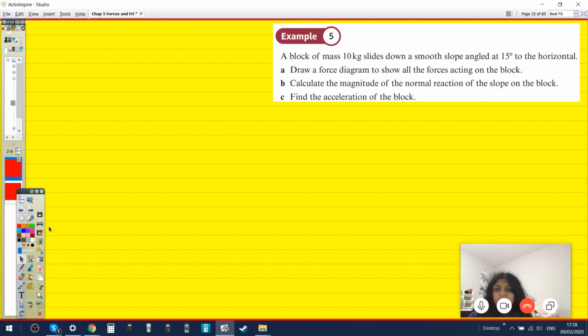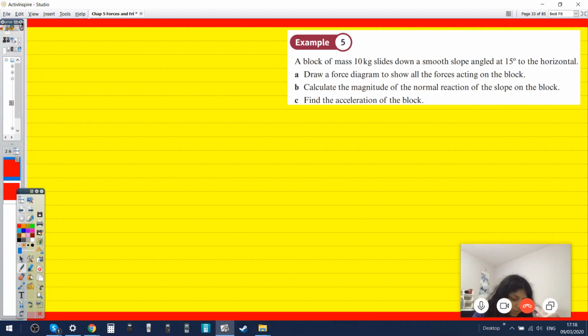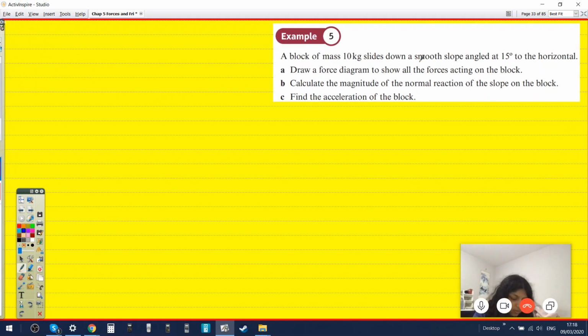So the forces on the block is just weight, and then it's sliding down, so there has to be a friction force. Smooth. Oh, there's no friction. So then there's just going to be 10G, which is weight, and R. There isn't going to be any other force.